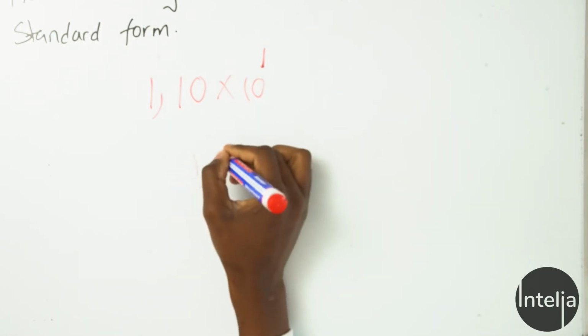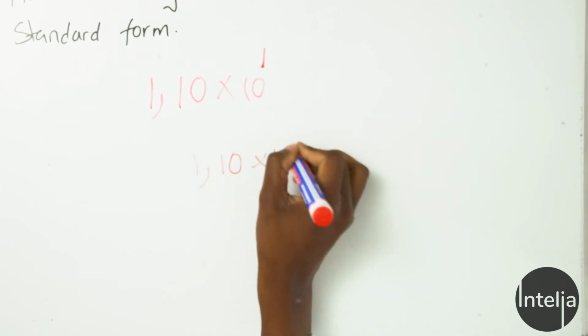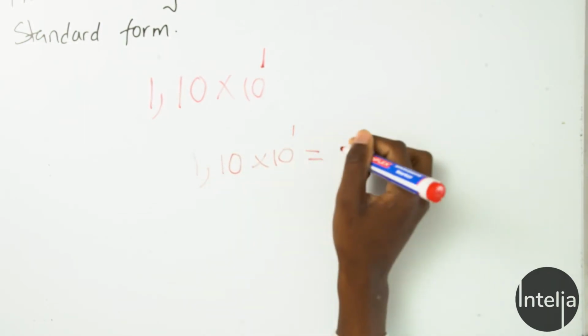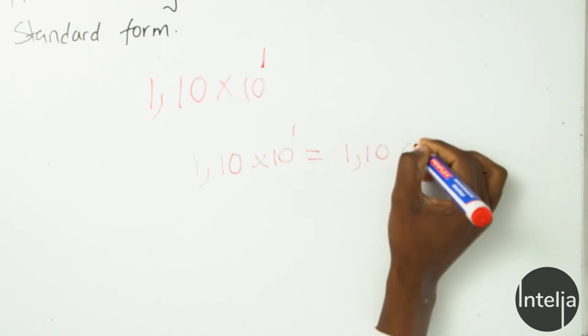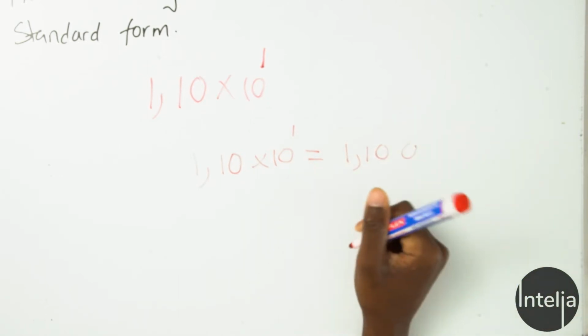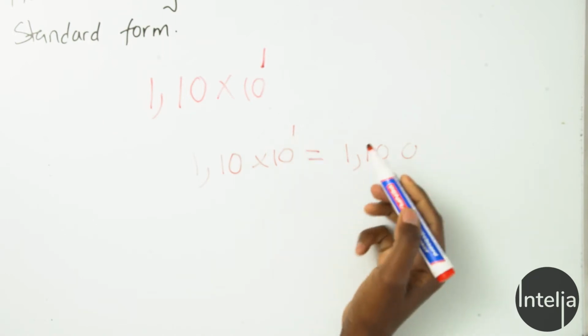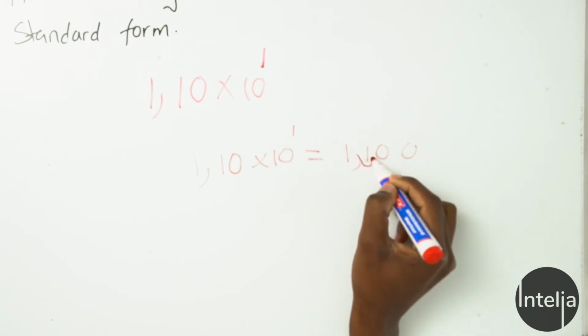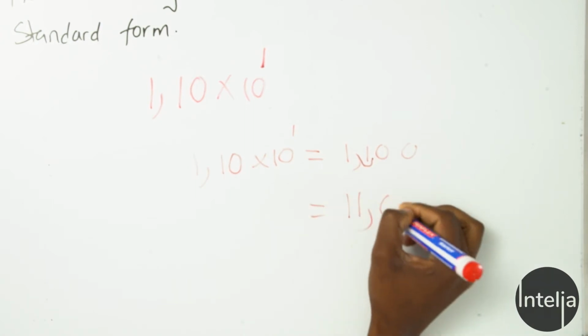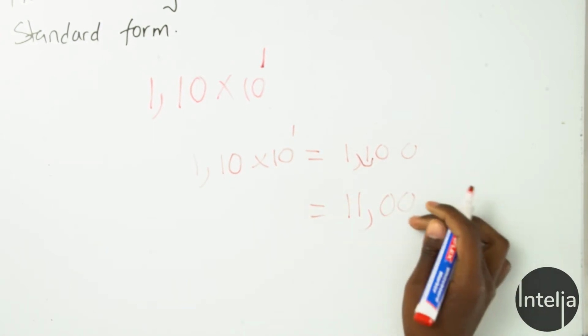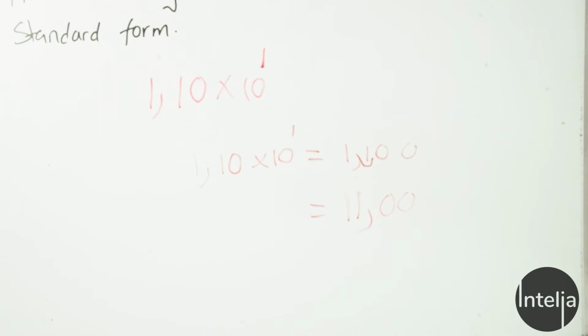So 1,10 times 10 to the power 1 is equal to 1,10, then we add a 0, and then to the power 1, you move 1 place. So your answer will be 11,00, or you don't put the 0, it's still fine. So our answer will be 11,00, like this.